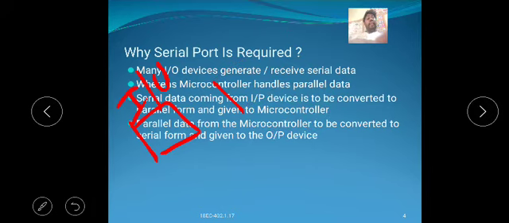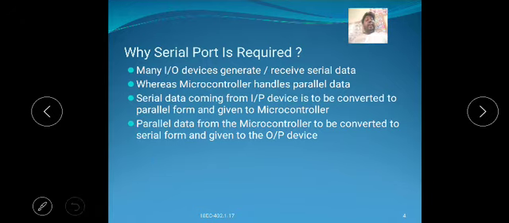Why is the serial port required? Many input output devices generate or receive serial data, whereas the microcontroller handles parallel data.